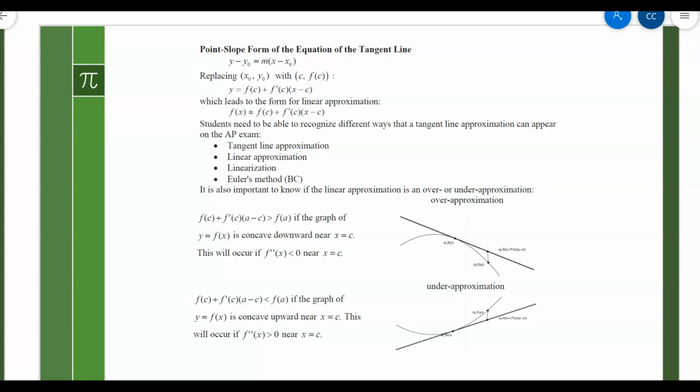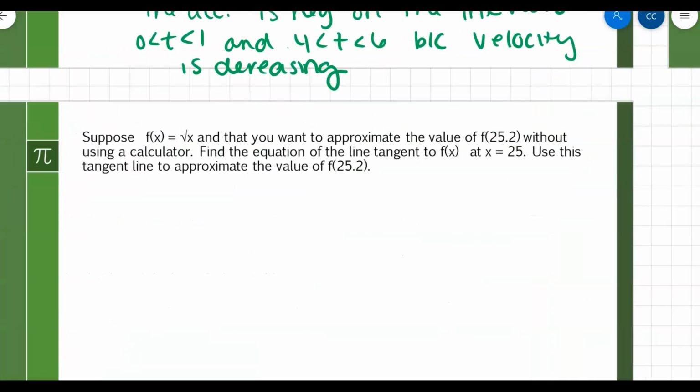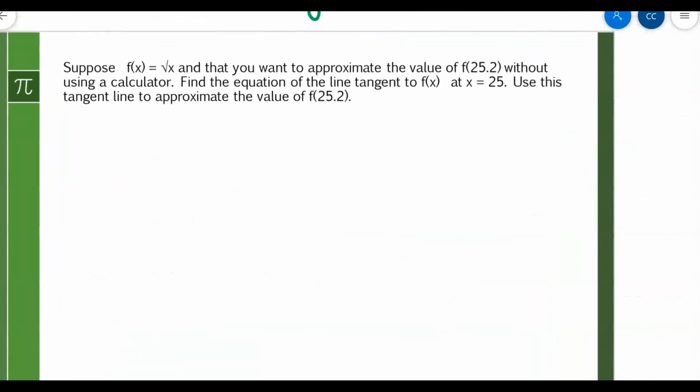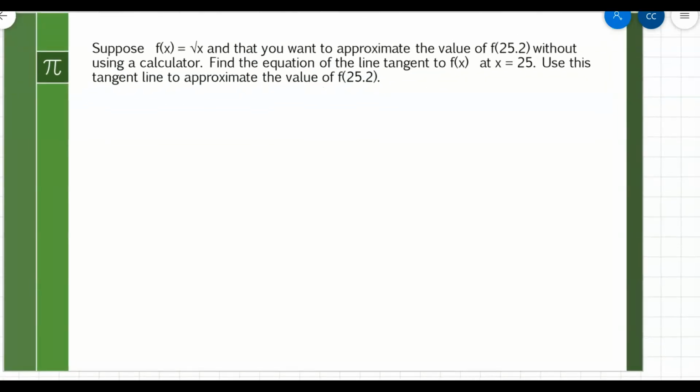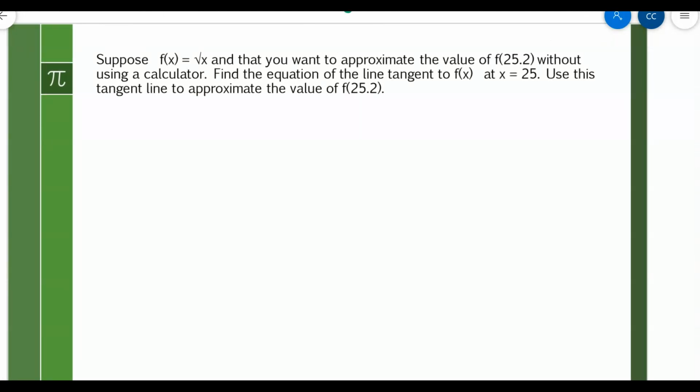What we're going to do here is look at the function f of x equals the square root of x, and we're going to approximate the square root of 25.2 without using a calculator. We want to use a point that's nice and near there. So we're going to look at f of 25, which is really close to 25.2. And we know that the square root of 25 is 5.